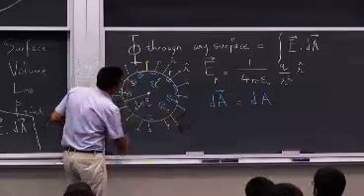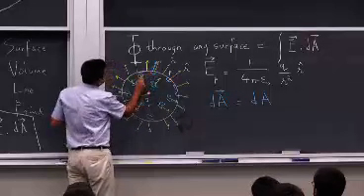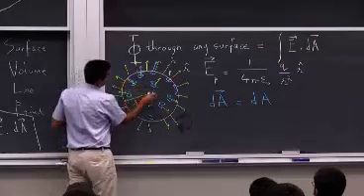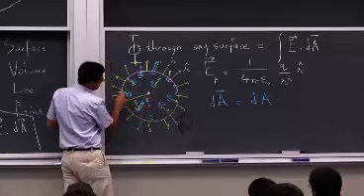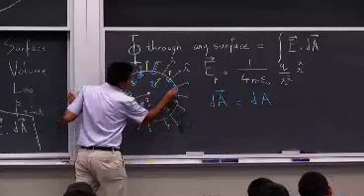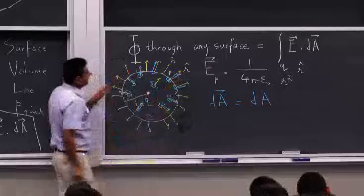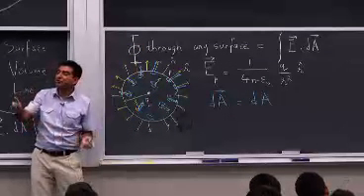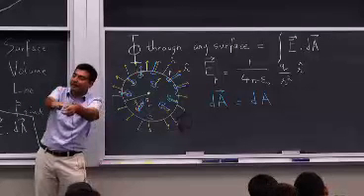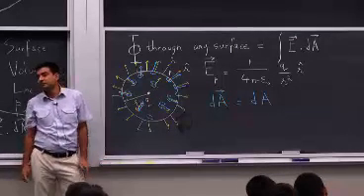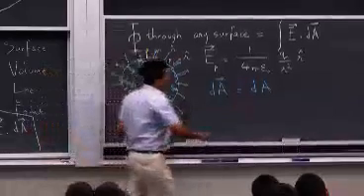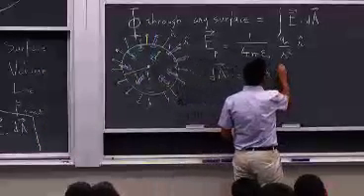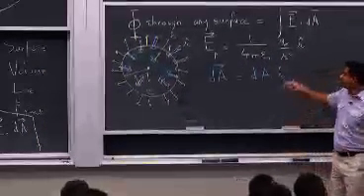So each one of these area vectors is going to point radially outwards. Which means that on the surface of the sphere, each area vector is going to be parallel to the electric field at that point. So the area vector is also pointing in the radially outward direction, in the R direction.